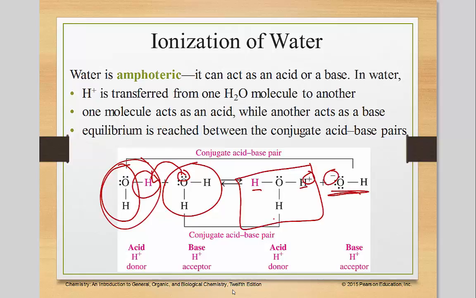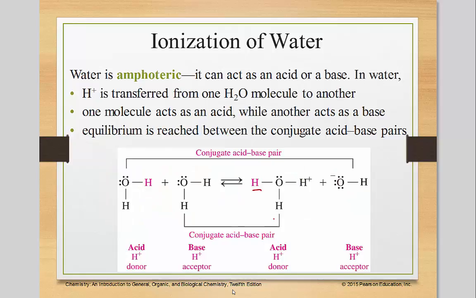This happens all the time in water and in any other solution that you have. As a result, this is acting as both an acid and a base, which is the very definition of amphoteric.